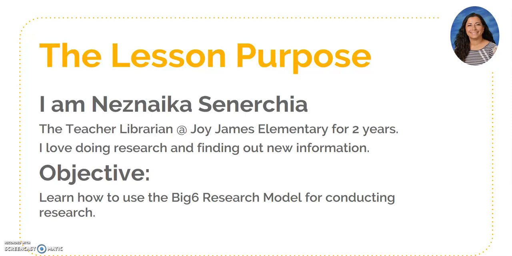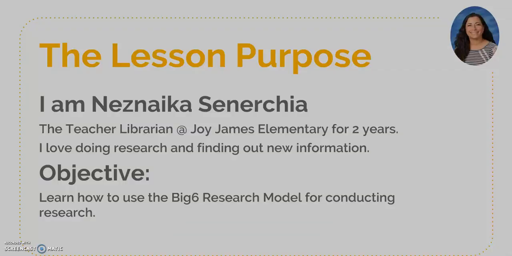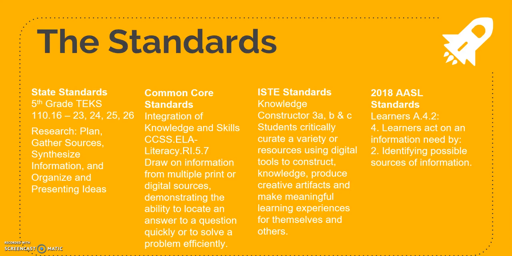Okay, the objective of our lesson. So we're going to learn how to use the Big 6 research model for conducting research. We have multiple standards that we're going to use as our guide. We have our state standards for our 5th grade TEKS, and it's all about different types of research and how to use that research.